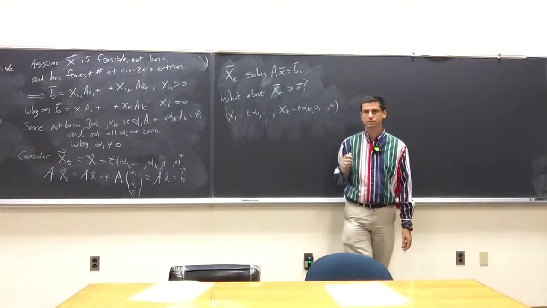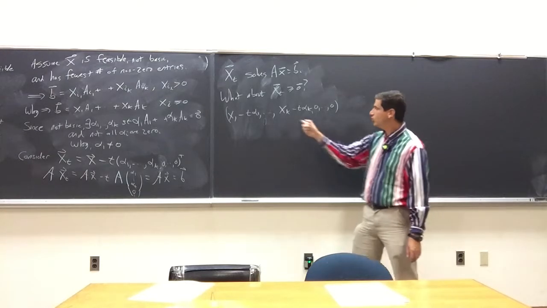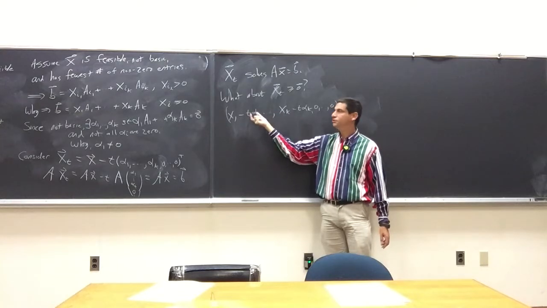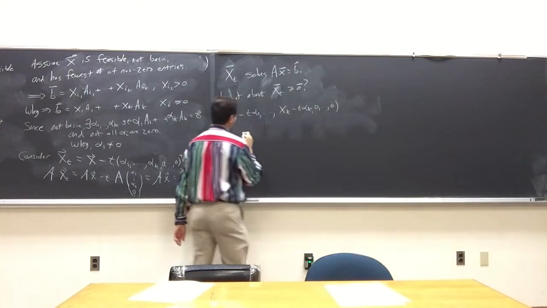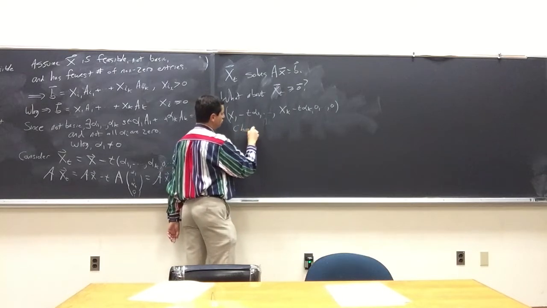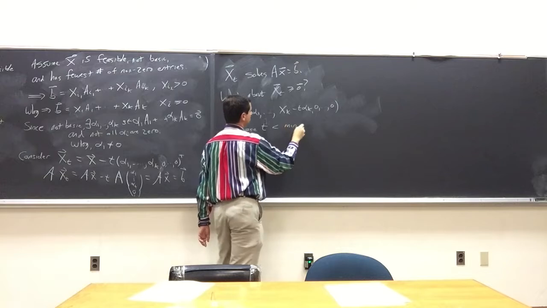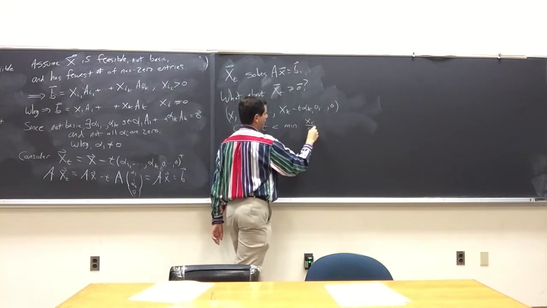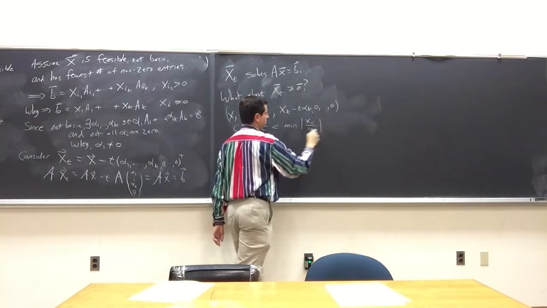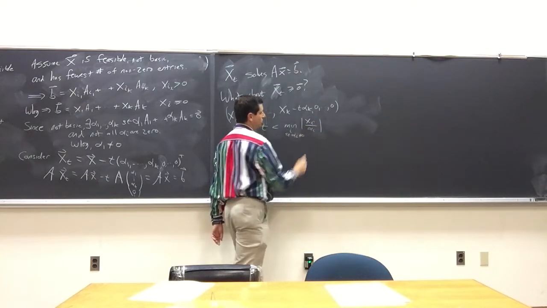I was going to ask why we can do that. So because all the x's are positive, if t is sufficiently small, each component will be positive. I think it's like choose t to be less than the minimum of x_i divided by alpha_i in absolute value over i such that alpha_i does not equal 0.